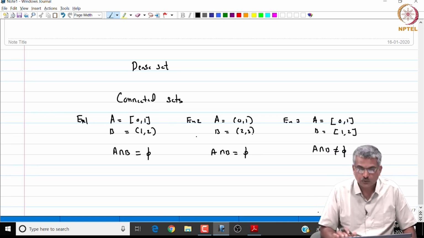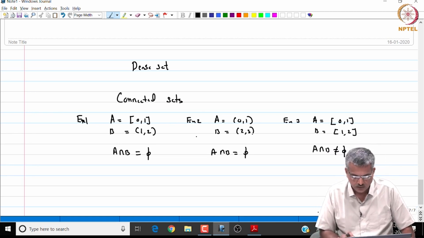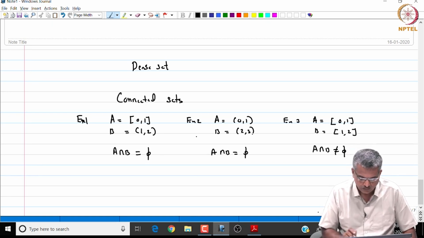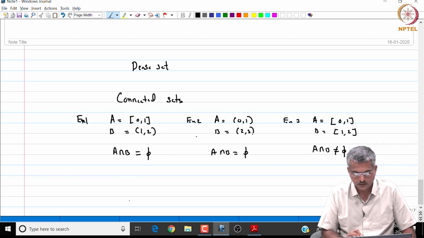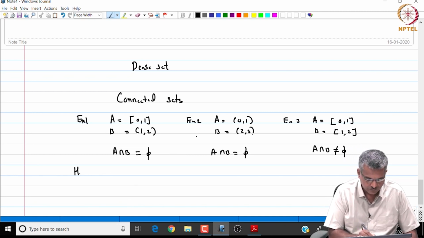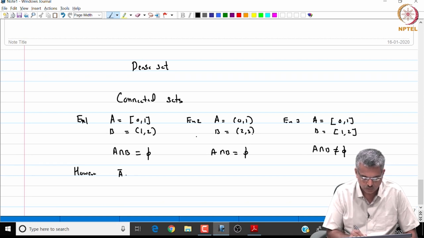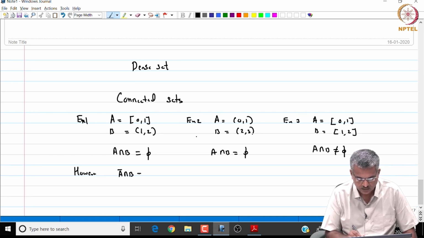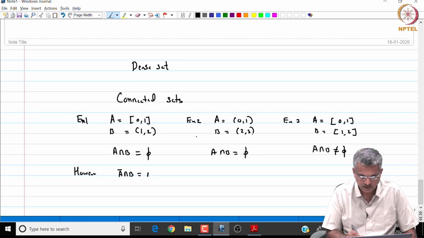Now, come back to examples 1 and 2. What is the difference? Well, both have empty intersection. However, if you compute A closure intersection B, right, A closure is nothing but A itself here.